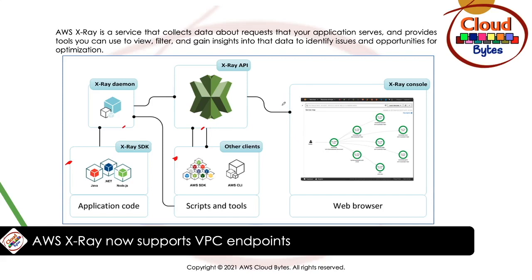Now the X-Ray service uses that data and brings you a chart like this, which has multiple circles showing each process and how the request is flowing between the processes, and you can see how much time each process is taking. So basically you can look at what exactly is taking most of your time in processing a certain path, or maybe an end-to-end process.